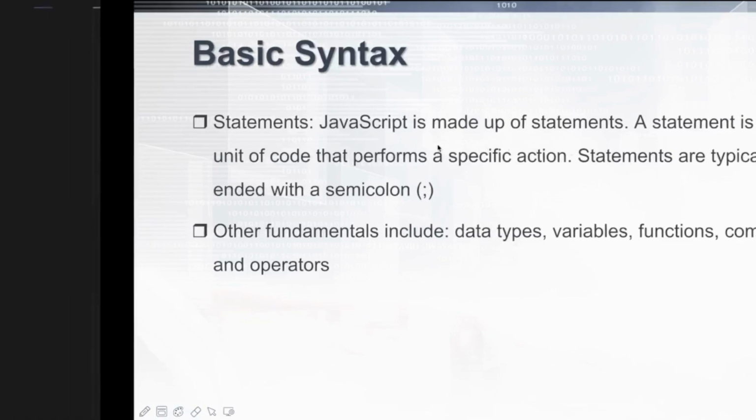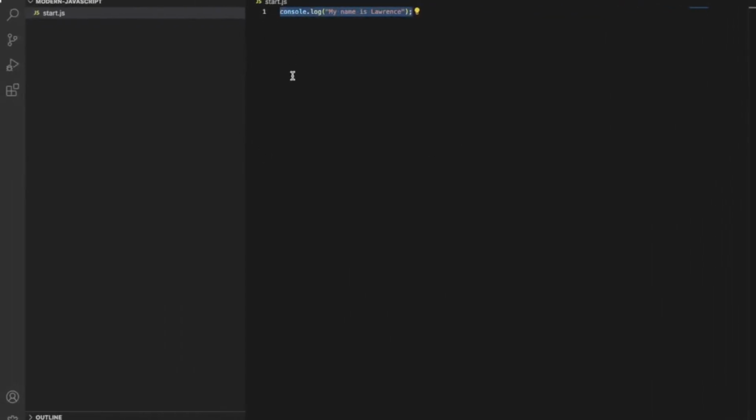So if you open a JavaScript file, whatever code you write, even if you have thousands of lines of code, is going to execute from the top of the file to the bottom. It will pick the first line, execute it, the next line, execute. So it executes statement by statement till it gets to the last statement.